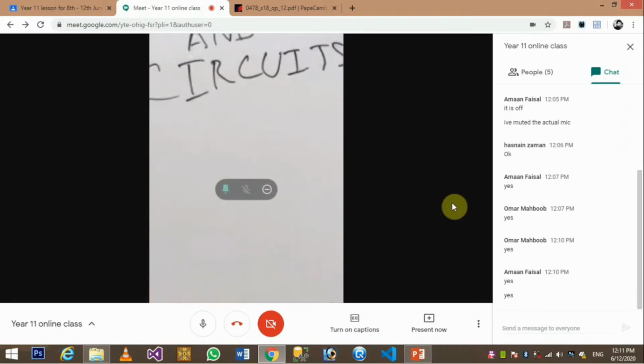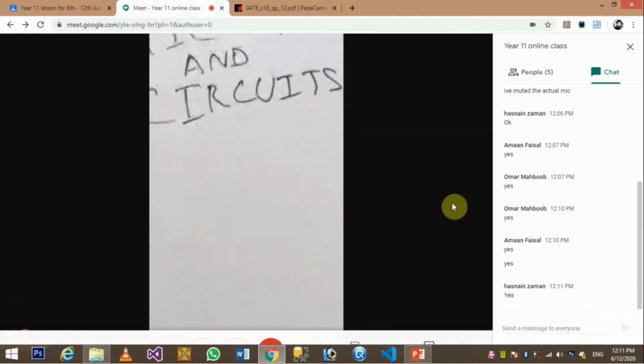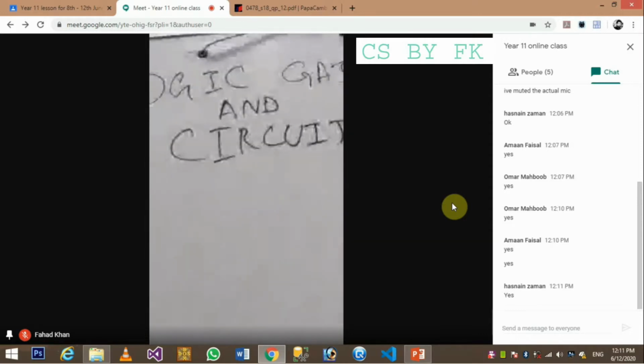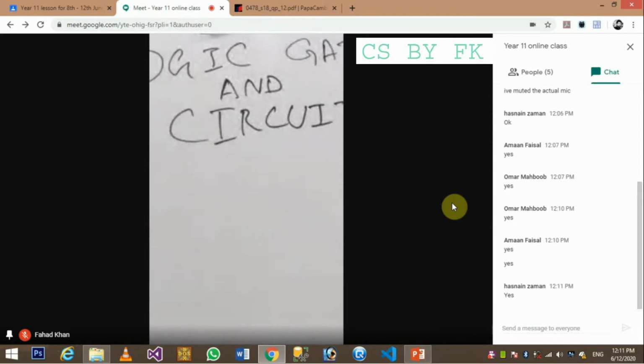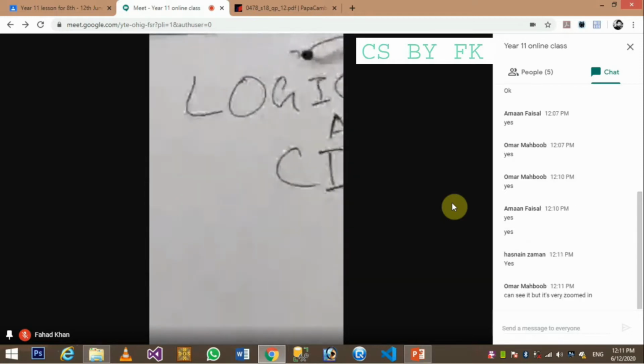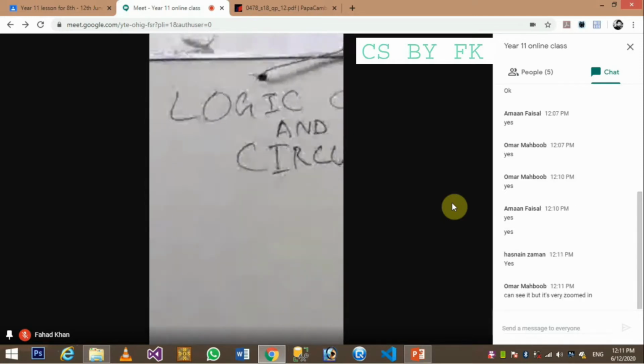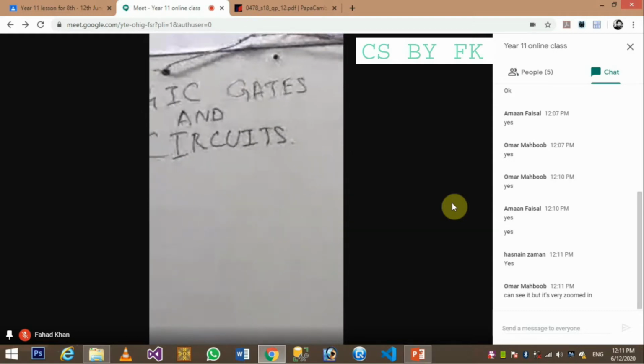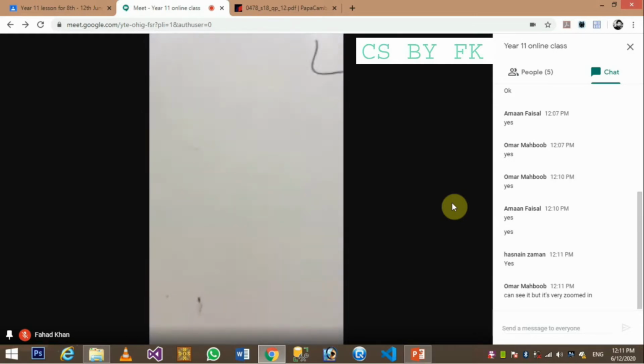All right, so we are basically using this logic gates and logic circuits board to have a good explanation.